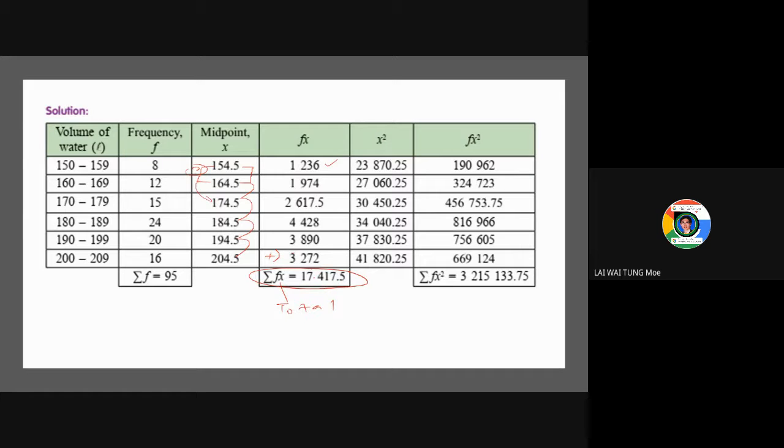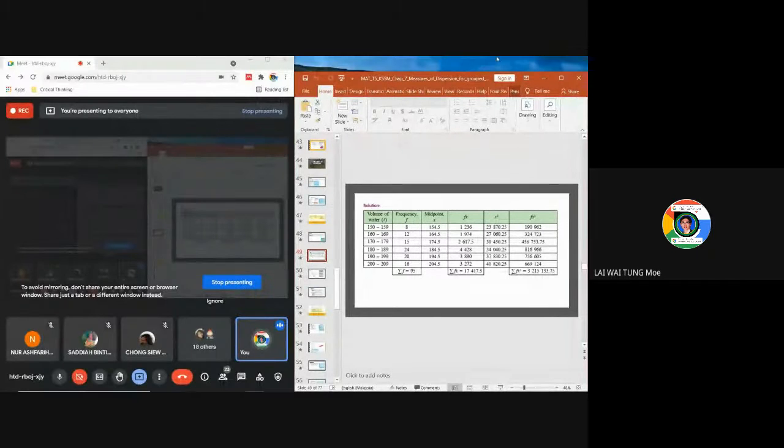1717.5. Actually there's a function in the calculator that you can get the answer by, at the same time you multiply the two, f times x, at the same time you can press one button, and then at the end you automatically get the sum of this value without need to add 1, 2, 3, 6 again, plus this one, plus this one.